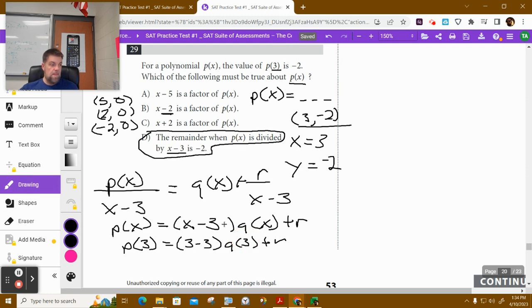Well, that would have to equal, this is 0, so q of 3 times 0 plus r equals r. Does that make sense? And since r equals negative 2, that's how we get that. That's the remainder theorem. Do you guys remember that from Algebra 2?